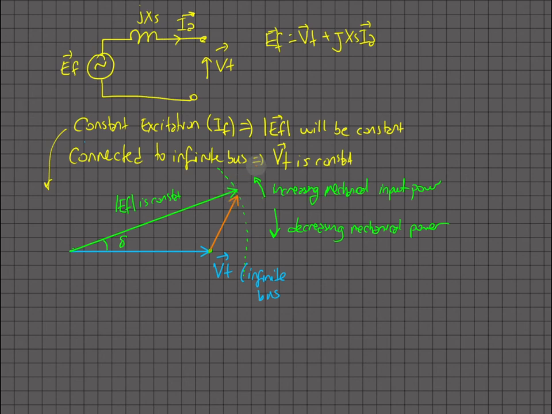So as a result of your mechanical input power and IF excitation, you will have the voltage drop on jXS IA as a result of IF and P. If you have that kind of waveform, then you can have the same current, and that will be some current, and this is your power factor.